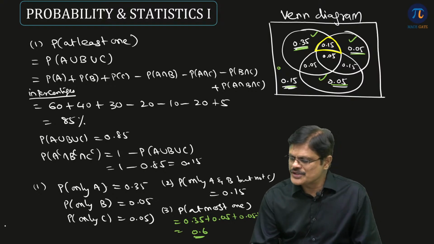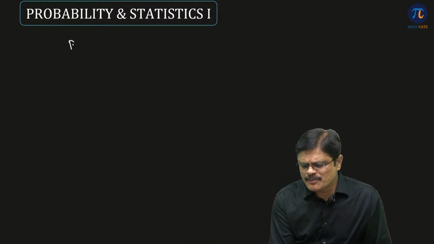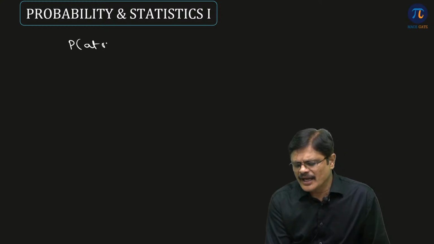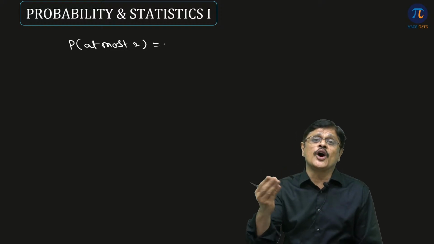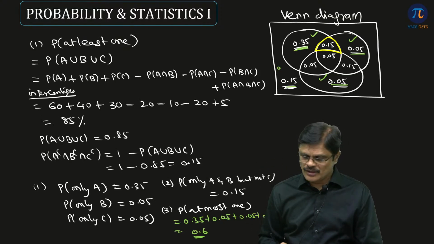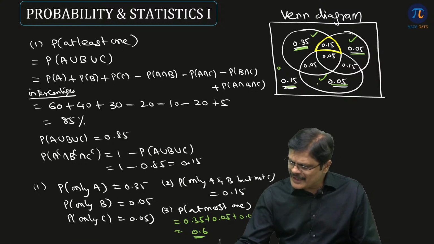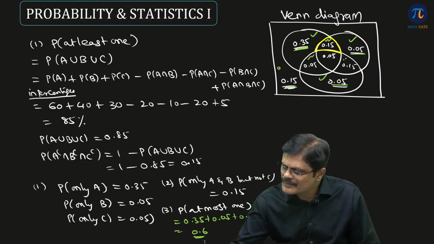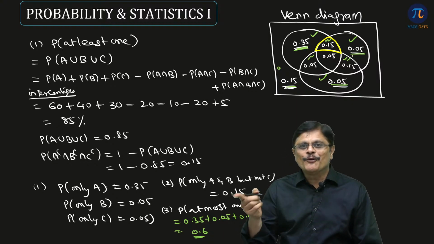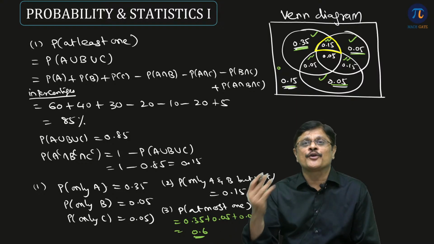People can ask you a question like, what is the probability of at most 2? At most 2 means 2 or less than or equal to 2. So 1 is this, 0, and 2 means these portions. If you want to solve it, the 4 values plus these 3 values, if you add, you get the answer.